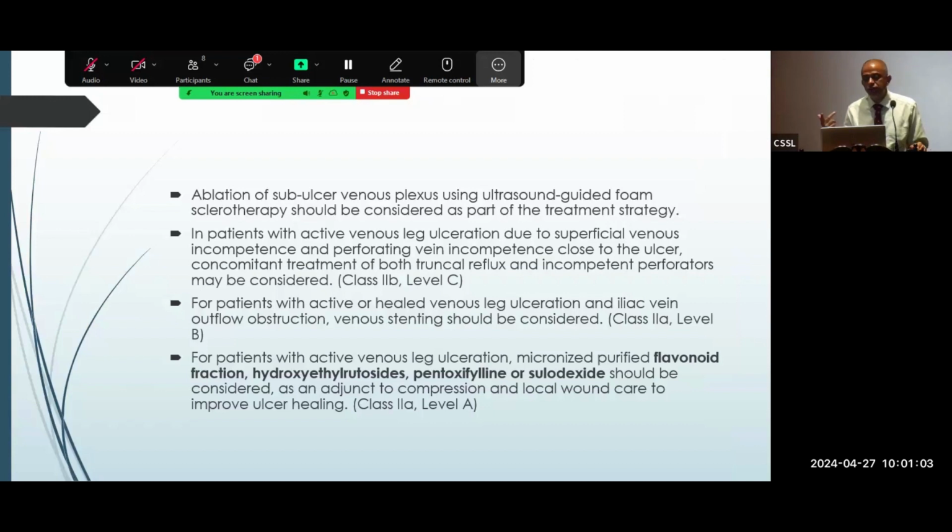When you scan, if you discover that, give foam sclerotherapy, because it is the final common pathway of venous pressure to the ulcer. You can give foam sclerotherapy and thrombose that plexus, and it will be okay. Then with active ulcers, we have to treat the truncal veins, either the short saphenous vein or the long saphenous vein; it should be treated.